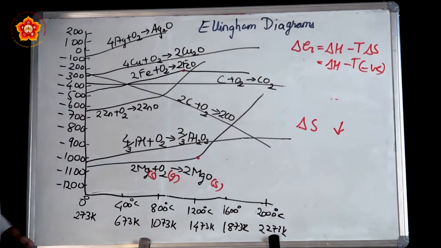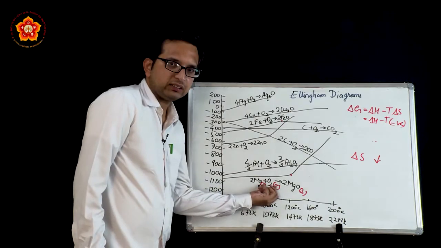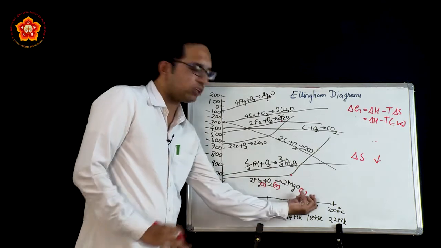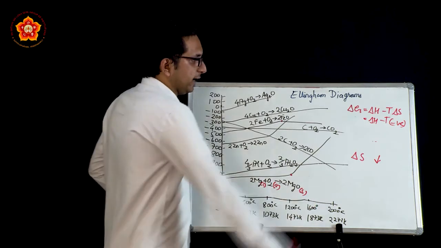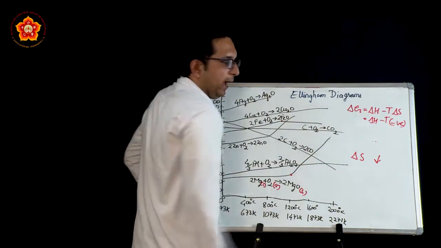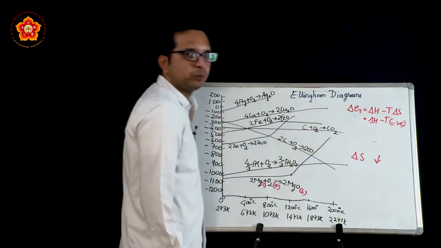This is a condition because gaseous states in the reactants are not seen in the products. There are no gaseous states here. So that is why the entropy has decreased, and minus into minus happens to be plus.